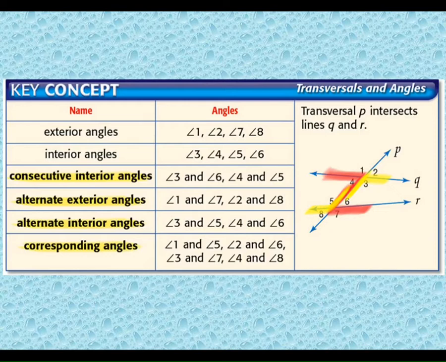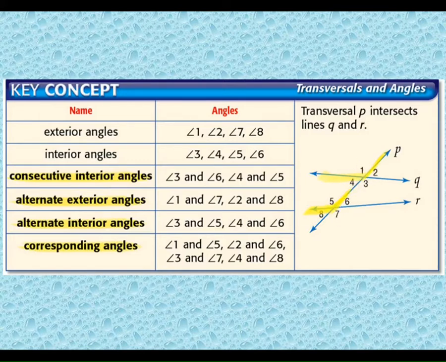Okay. Then the last type we have is corresponding. Corresponding is just one you kind of have to recognize, or remember, I mean. Corresponding are angles like this. We would call 1 and 5 corresponding. They're on the same side of the transversal, but they're not the linear pair of angles. For example, you can kind of think of it as 1, skip the linear pair, and then the next angle.